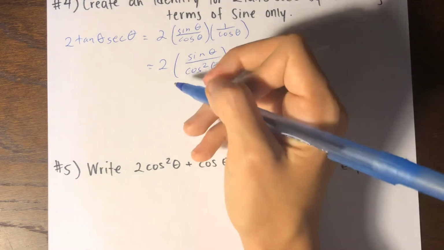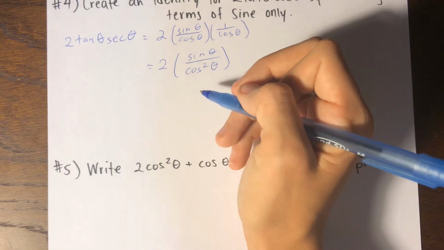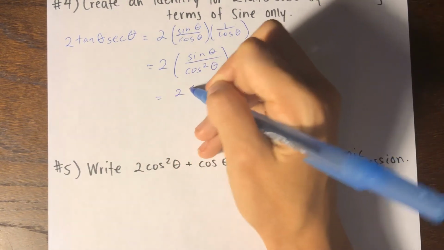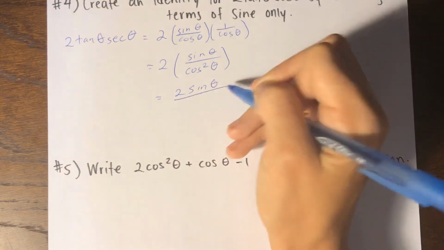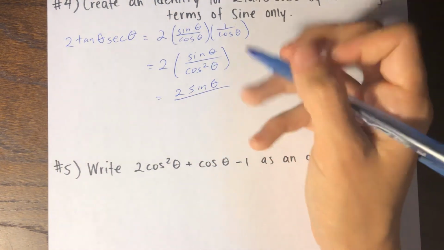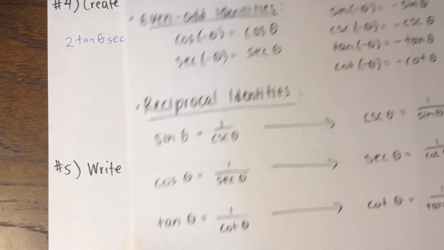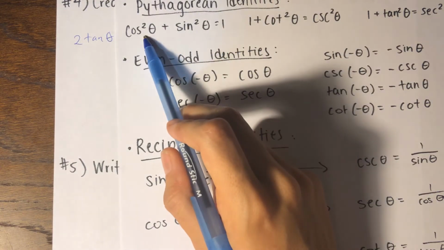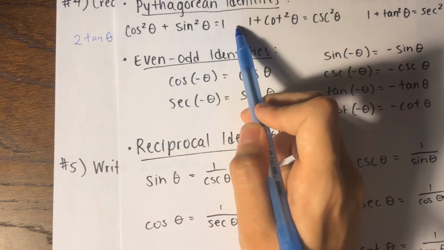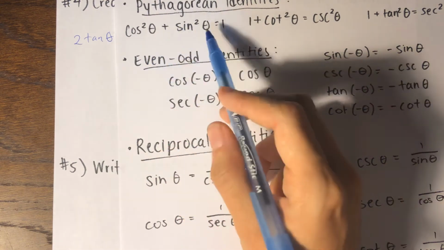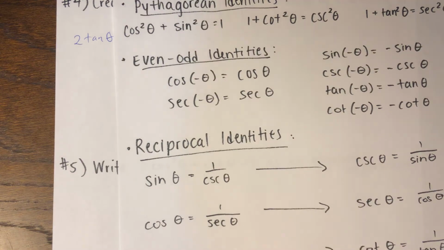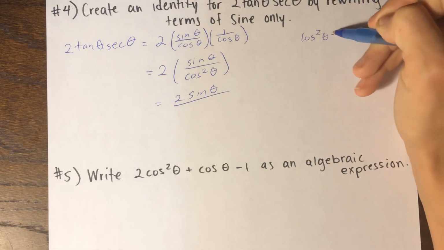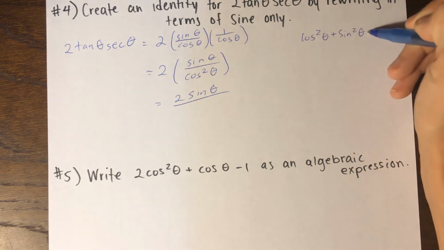So what could I do? I need to write in terms of sine. I have 2 sine theta and then cosine squared. The only time I see cosine squared is in my Pythagorean identity: cosine squared theta plus sine squared theta equals 1.